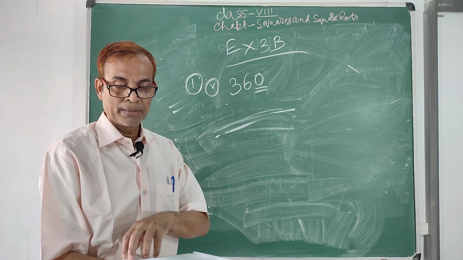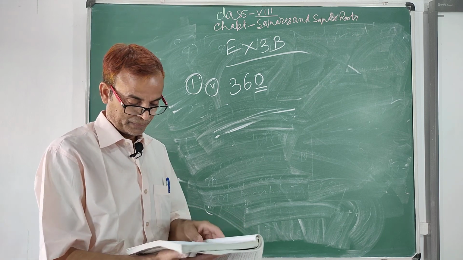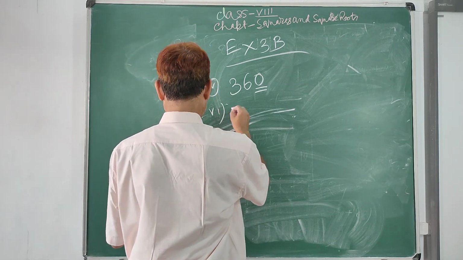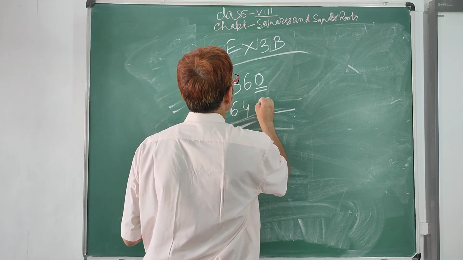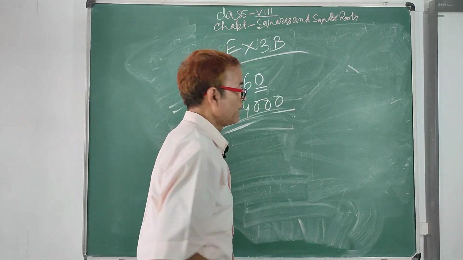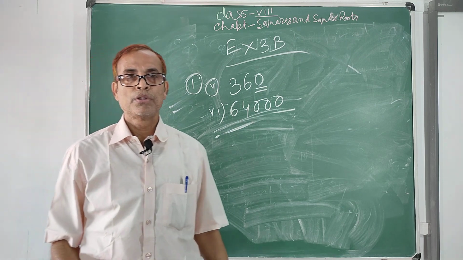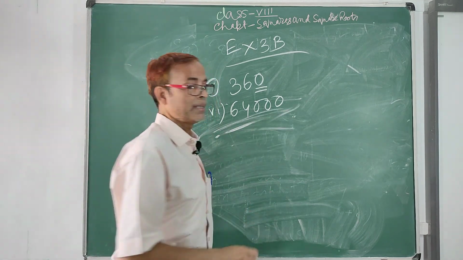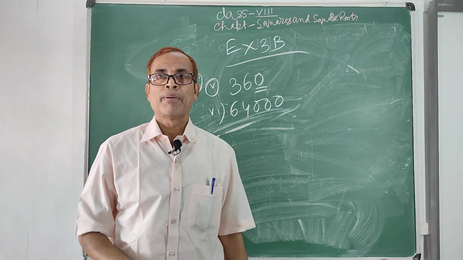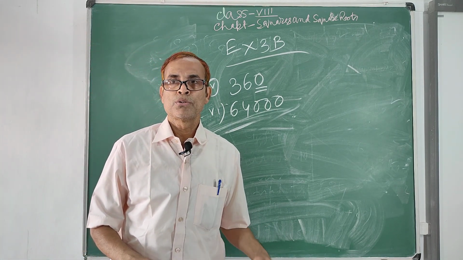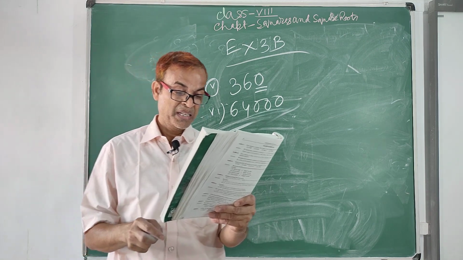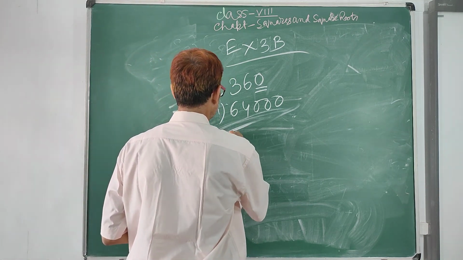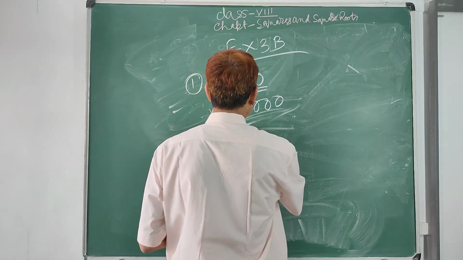Another example is 64. An odd number, then this number is not a perfect square number. Another number 7, 2, 5.